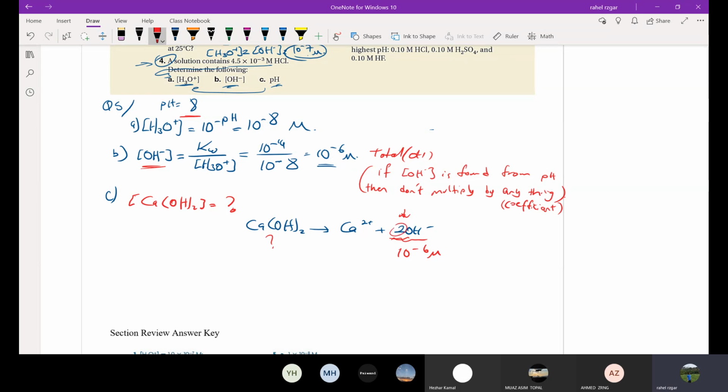So for coefficient of 2, it is 10 to the power minus 6. So calcium hydroxide has a coefficient of 1, which must be half of OH. That's why concentration of calcium hydroxide is actually 10 to the power of negative 6 divided by 2, which is equal to 5 times 10 to the power of negative 7 molar.